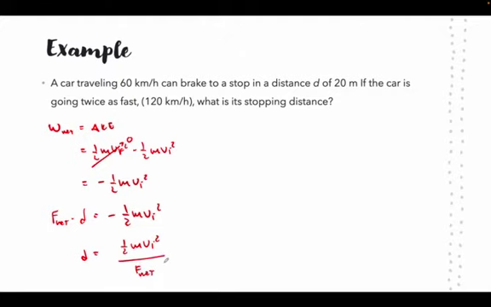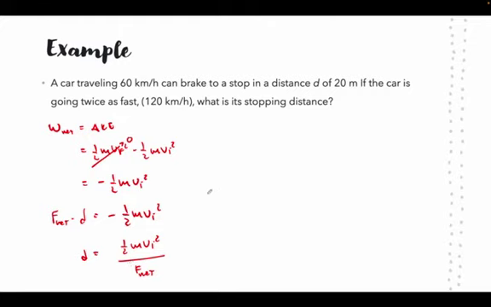But Mr. Avila, what happened to the negative sign? Well, our net force, since it's a braking force, also acts in the opposite direction of displacement. So force is negative. So the negative sign here and the negative sign with force will cancel each other out.